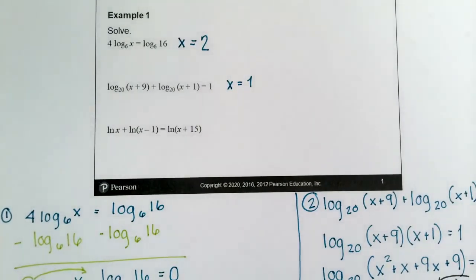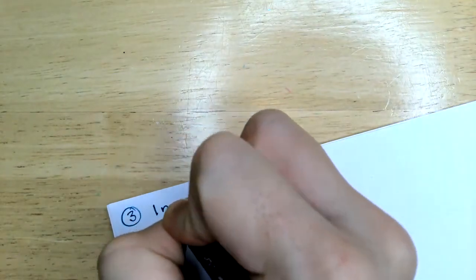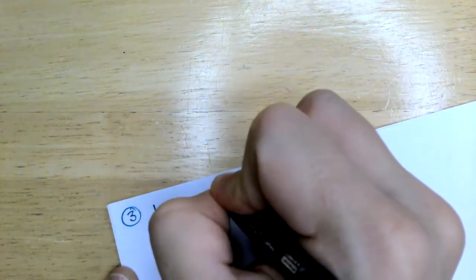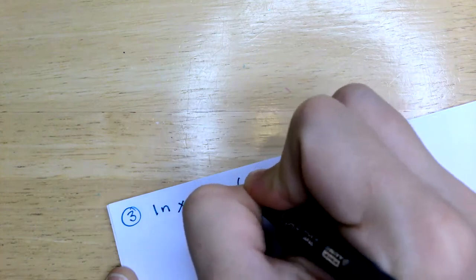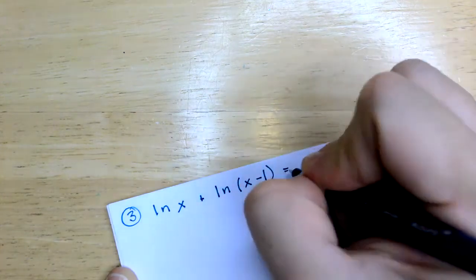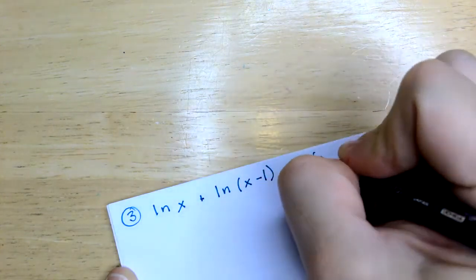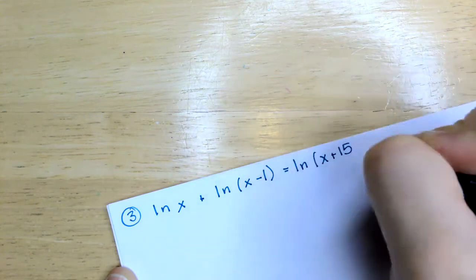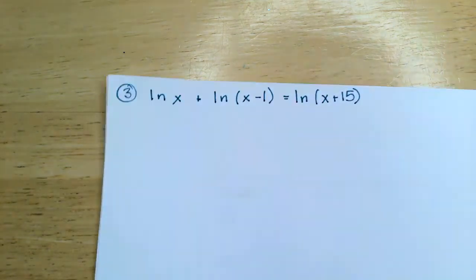All right, number 3. I have some natural logs. The natural log of x plus the natural log of x minus 1 is the natural log of x plus 15. Good.